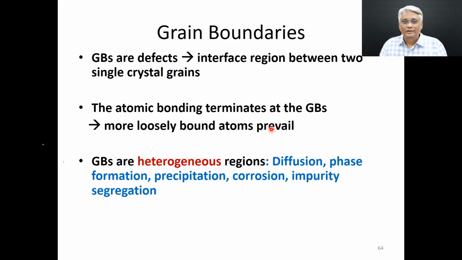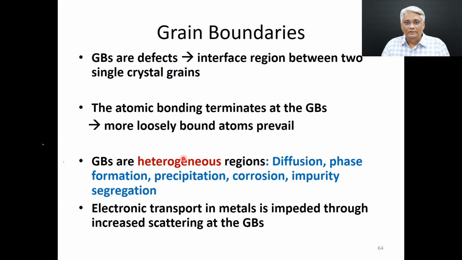In the grains you have the regular formation of the lattice, which is not the case when you reach the grain boundaries. So again, grain boundaries are heterogeneous regions. Diffusion, phase formation, precipitation, corrosion, impurity segregation, all these are due to the presence of grain boundaries.